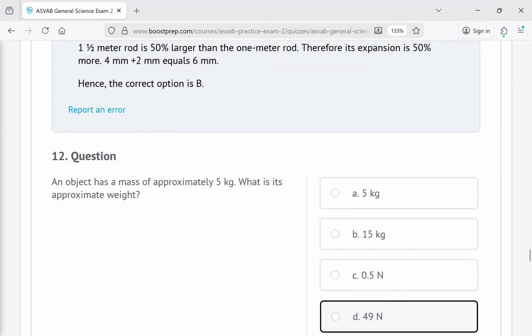An object has a mass of approximately 5 kilograms. What is its approximate weight? So it's either in kilograms or newtons. How do we calculate this?